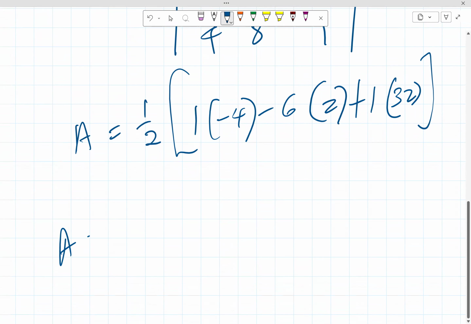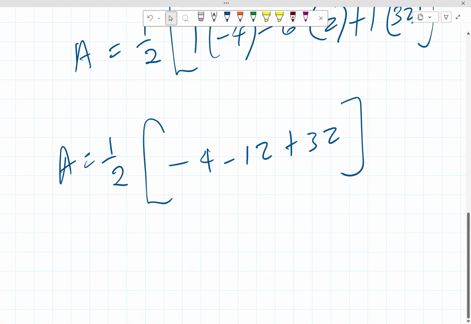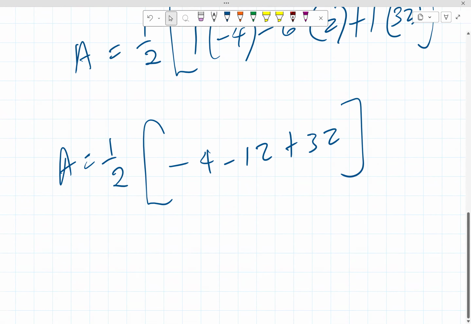So the area now is 1 over 2 into 1 into minus 4. Okay, we can go straight. This is minus 4 minus 12 plus 32. Okay, so 32 minus 12 is 20. 20 minus 4 is 16.